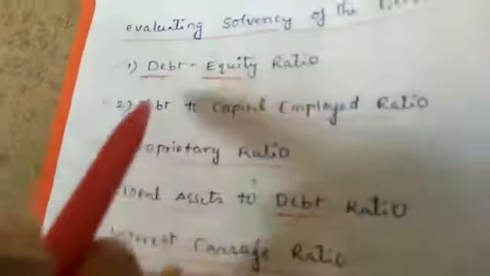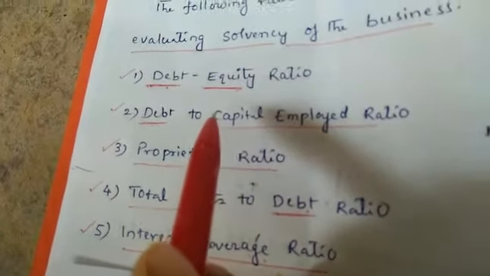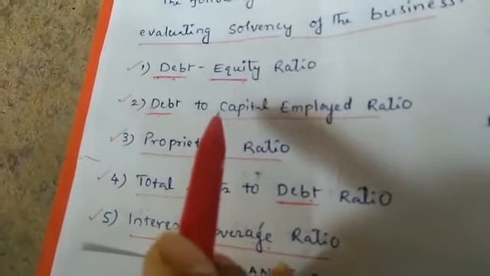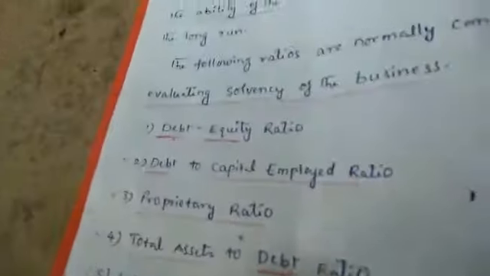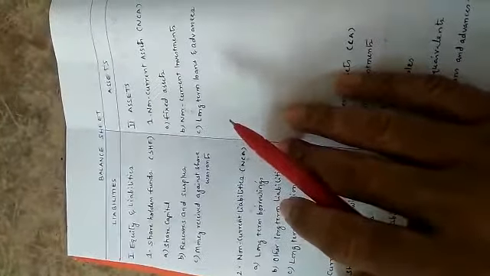To understand these terms, first of all you have to understand the balance sheet. Then only we can do the problems. If you know the balance sheet perfectly, then you will understand the terms easily.